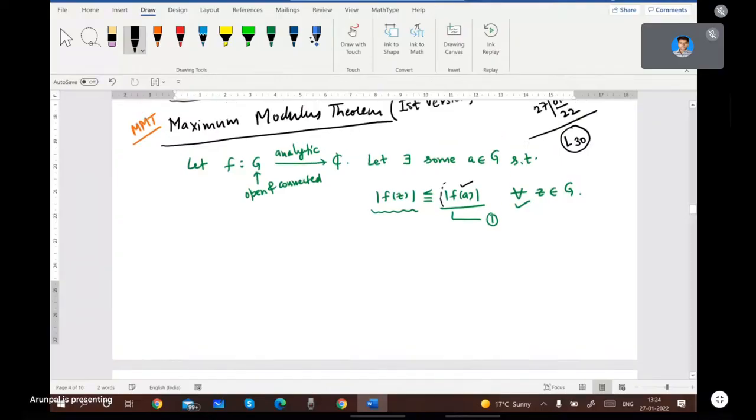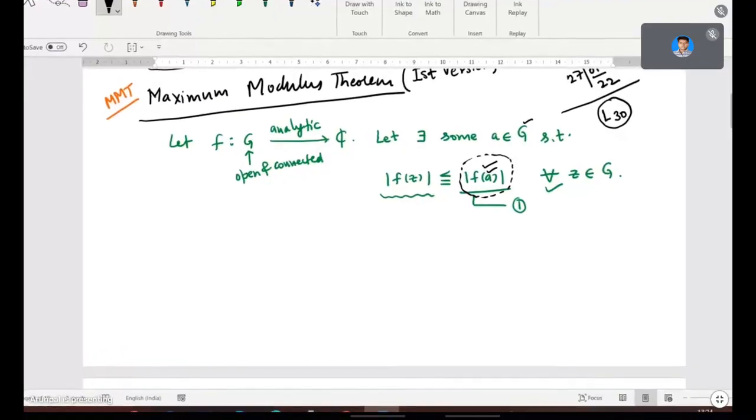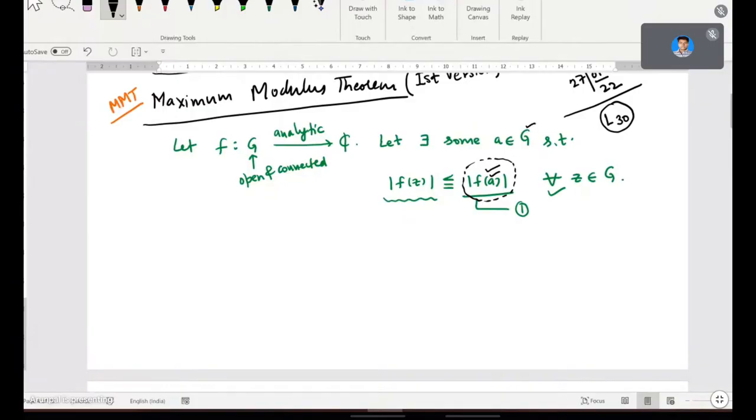Because we get this number as the value of the function at some point A of the domain, the bound is attained. So we are given that the function is analytic, defined on an open and connected set, bounded, and attaining its bound.